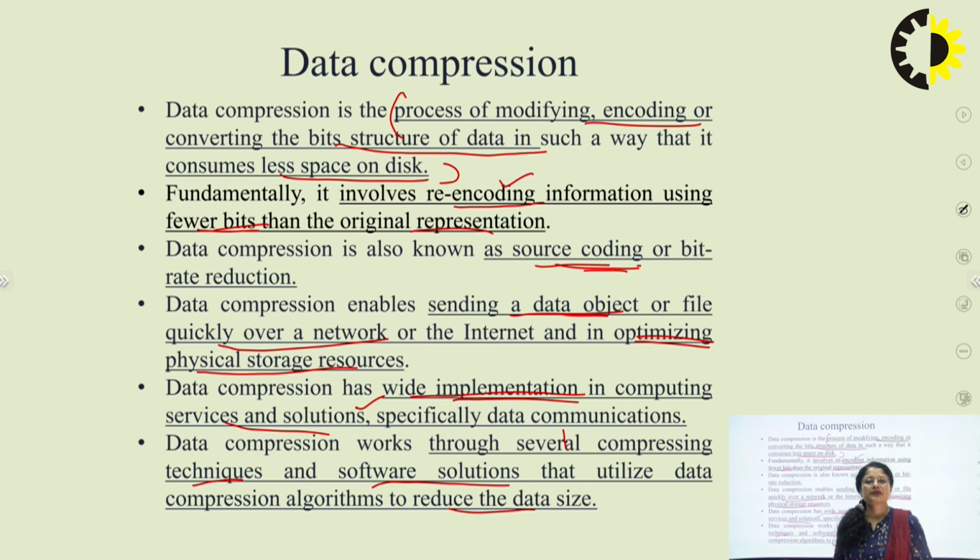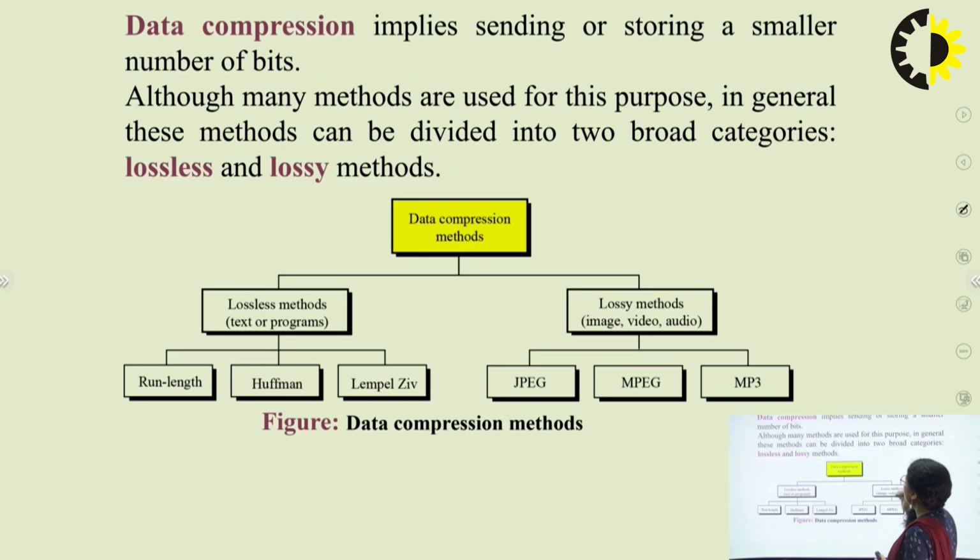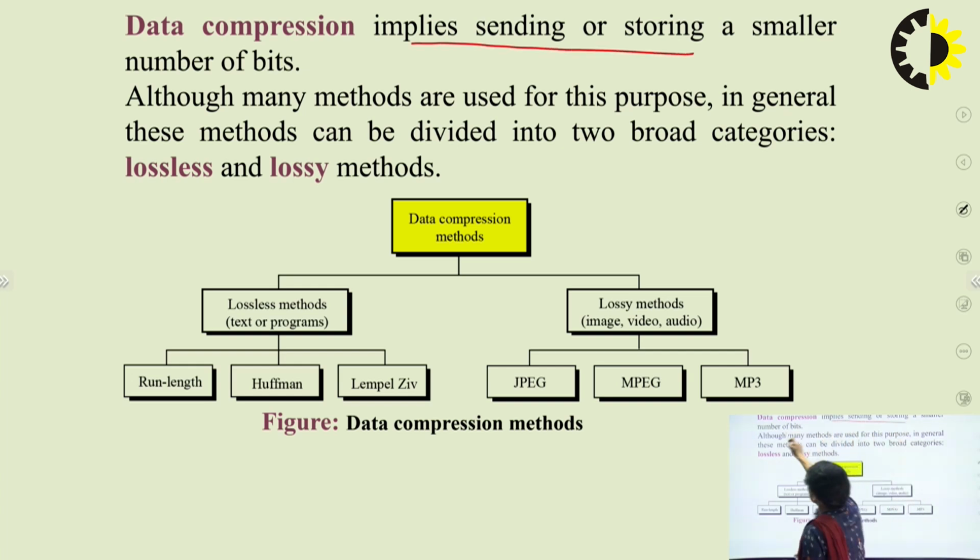The target is to reduce the size of the data that we are working on. Why so? Because if the data size is reduced, we will have less memory requirement, less storage requirement, ultimately leading to improved performance, reduced communication overheads, and so on. So, as I told you, data compression implies sending or storing a smaller number of bits.